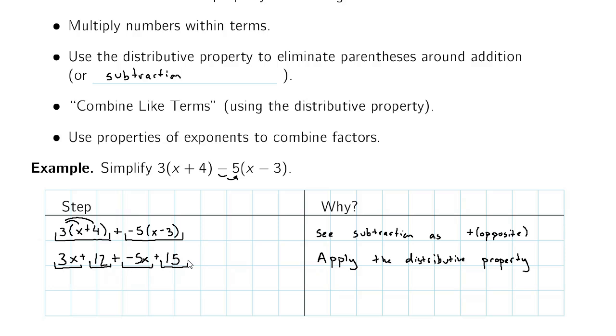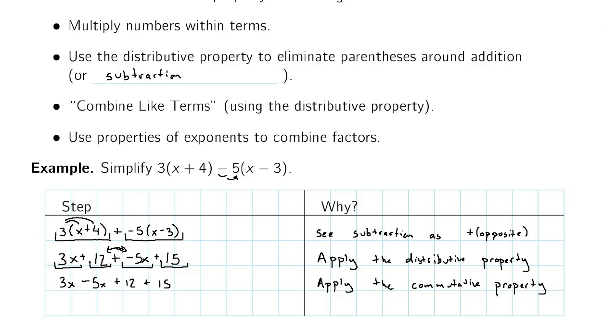And ultimately what I'm going to want to do is combine like terms. Just to make it easier to see what I'm doing, I'm going to switch the order of these two terms. So I'll have my 3x minus 5x plus 12 plus 15. And the reason I could do that was I was applying the commutative property to reorder the terms.